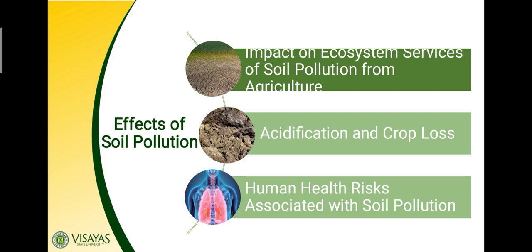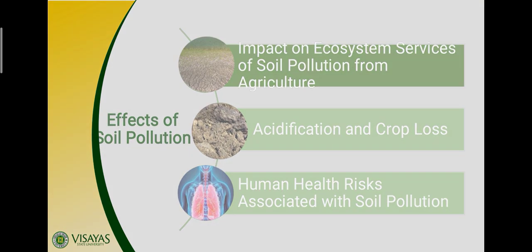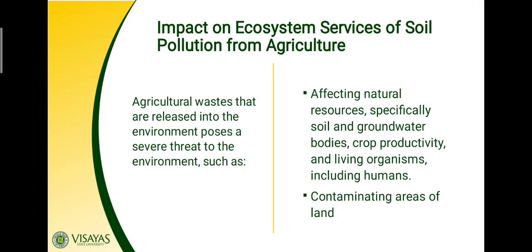So the effects of soil pollution include negatively impacting ecosystem services, no, from agricultural activities, acidification and crop loss, and human health risks. So soil pollution can have a number of harmful effects on ecosystem and human, plant, and animal health.